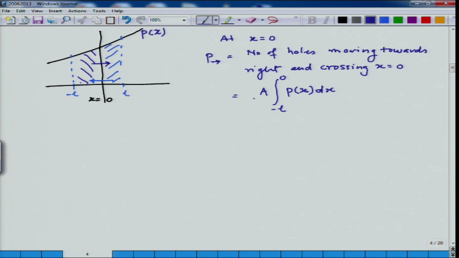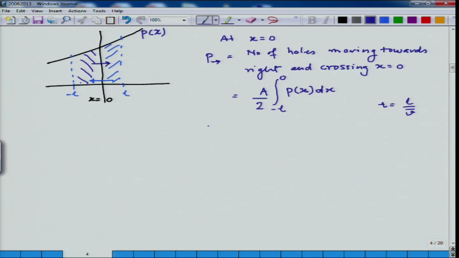Since we said only half will move to the right, because the other half are going to move towards the left, this has to be divided by 2. So, this is the total number of holes moving from this volume and crossing x equal to 0 in time t, where t is defined by the length divided by the average velocity, the mean free path divided by the average velocity.